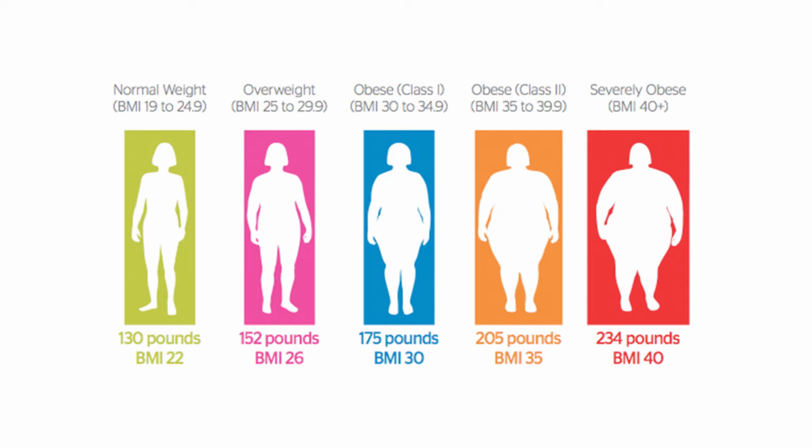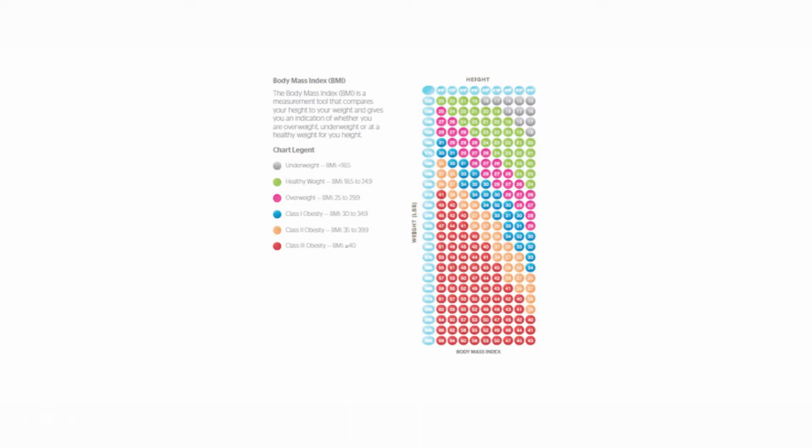Add another 20 pounds, and her BMI is 30, classifying her as a class 1 obese person. And add 30 pounds to that, and she has a BMI of 35, making her morbidly obese and a candidate for bariatric surgery. You can use this table to compare your height and weight and calculate your own BMI. Alternately, you can go online and use a BMI calculator.